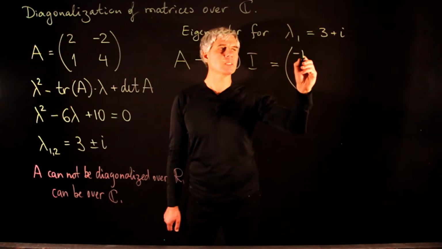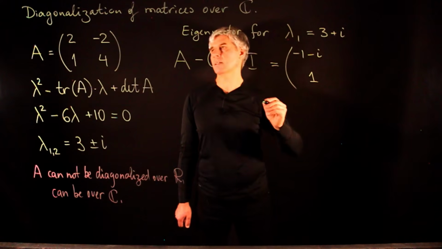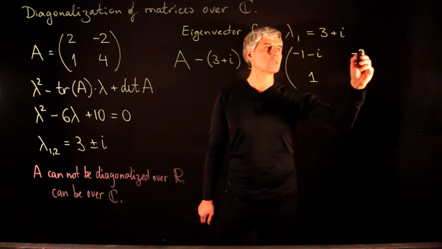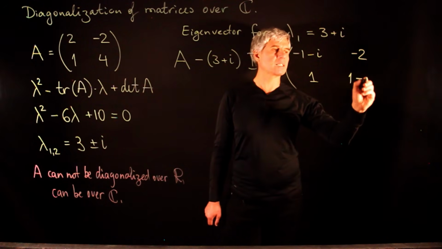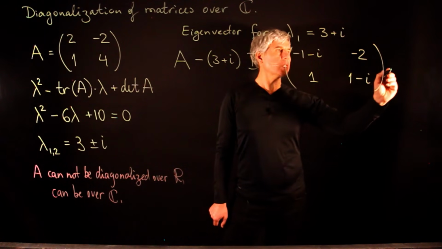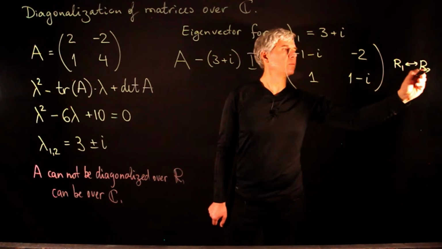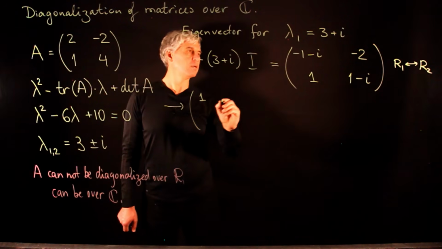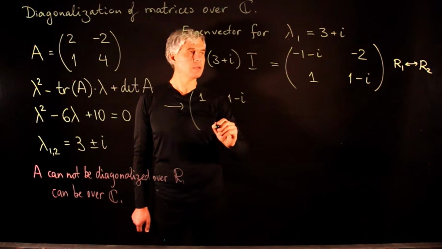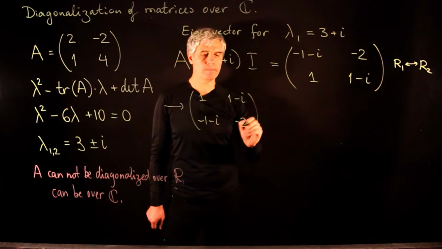We'll have minus 1 minus i and 1 here, and minus 2 and 1 minus i. To reduce this matrix, we swap row 1 with row 2. Then we get the matrix 1, 1 minus i, minus 1 minus i, and minus 2.